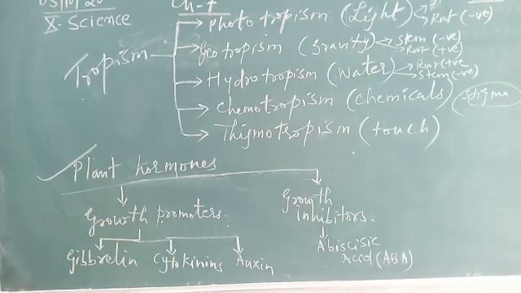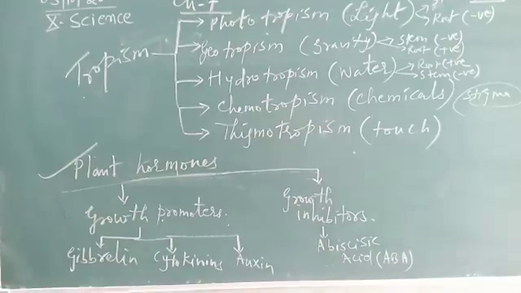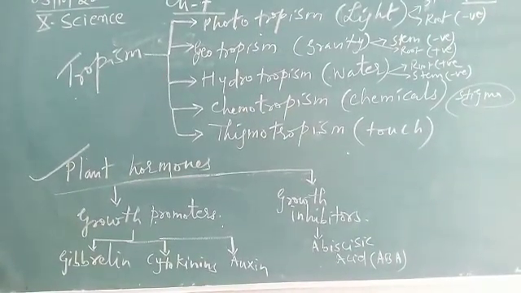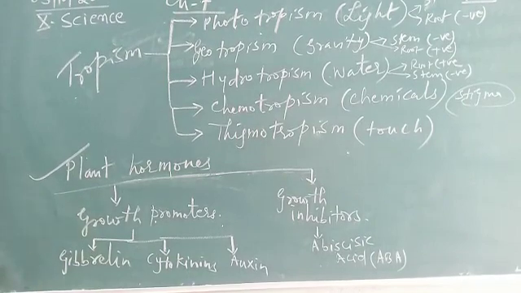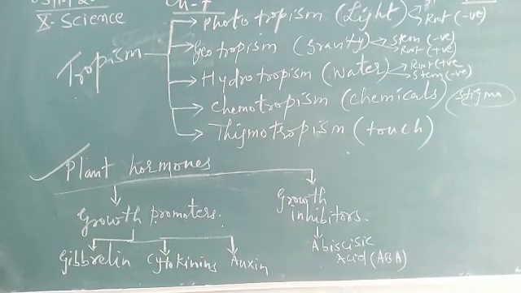First one is gibberellin. It helps in growth of the cells, shoot extension, breaks the dormancy of seeds and buds, and stimulates the growth of fruits. Then the second one is cytokinins, which shows rapid cell division, for example in fruits and seeds.